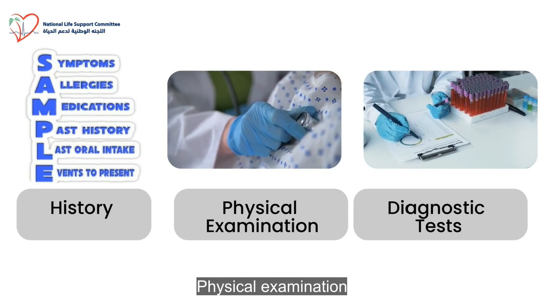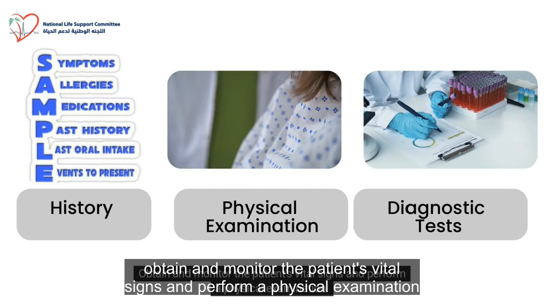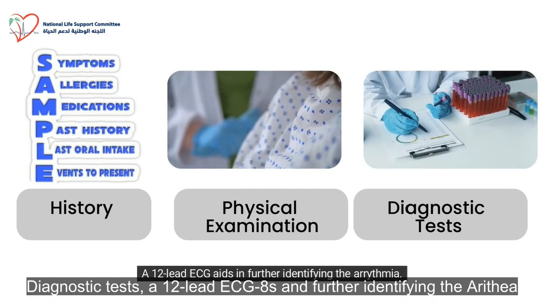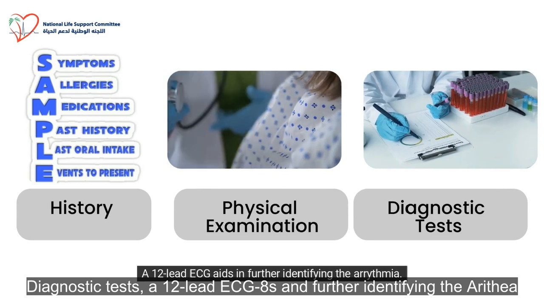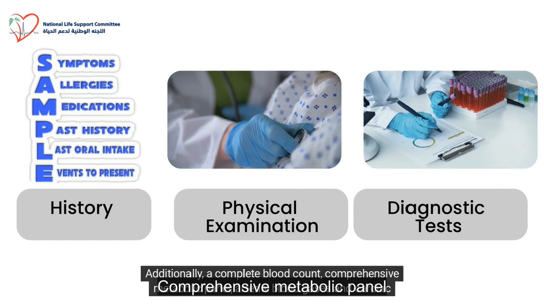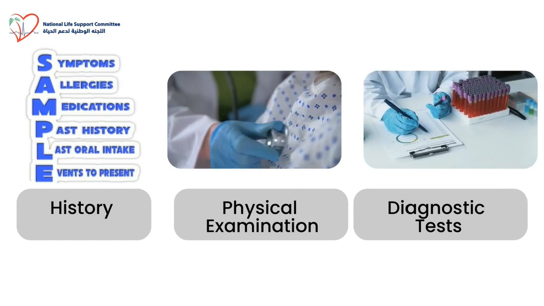Physical examination: obtain and monitor the patient's vital signs, and perform a physical examination. Diagnostic tests. A 12-lead ECG aids in further identifying the arrhythmia. Additionally, a complete blood count, comprehensive metabolic panel, arterial blood gases, and cardiac markers may be considered.